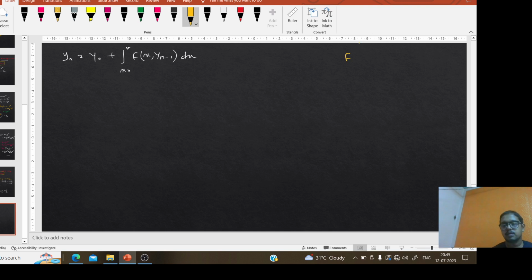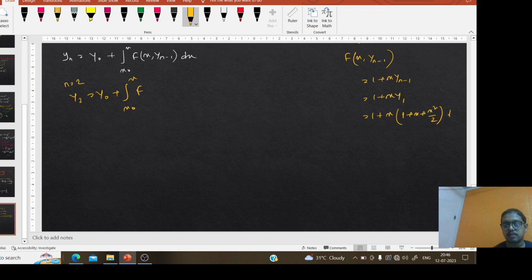If we put n is equal to 2, f of x comma y n minus 1 is 1 plus x y1, and we already gave the value of y1 as 1 plus x squared by 2.